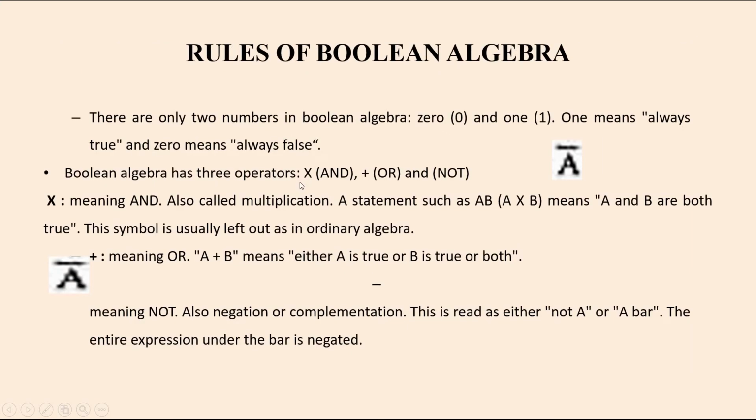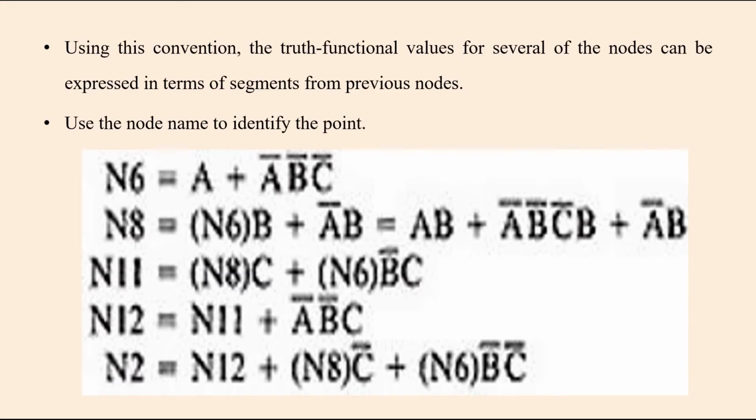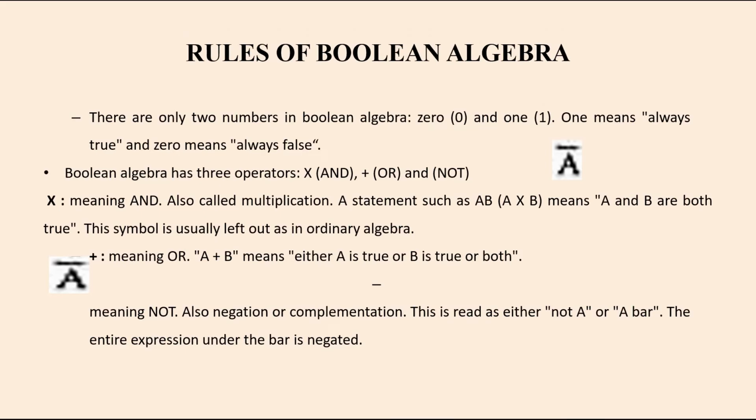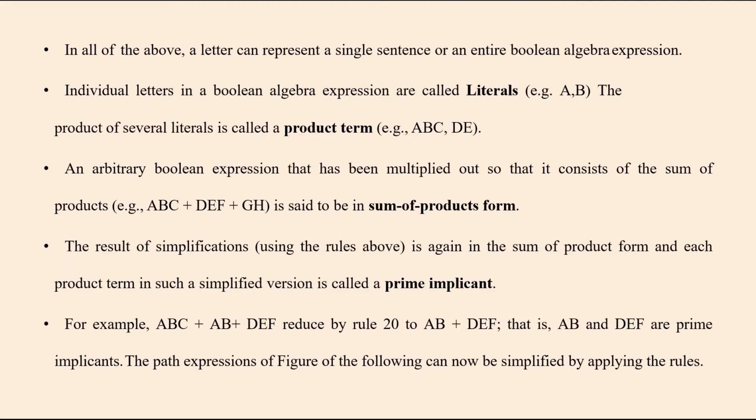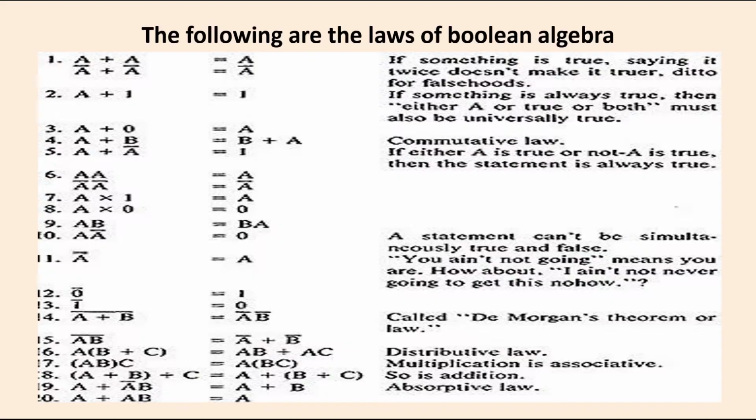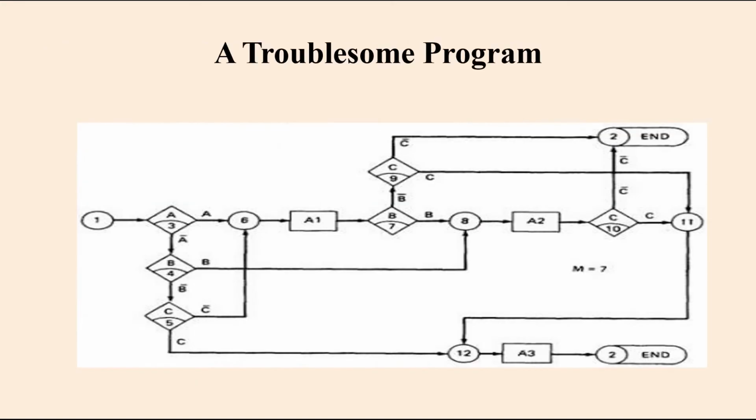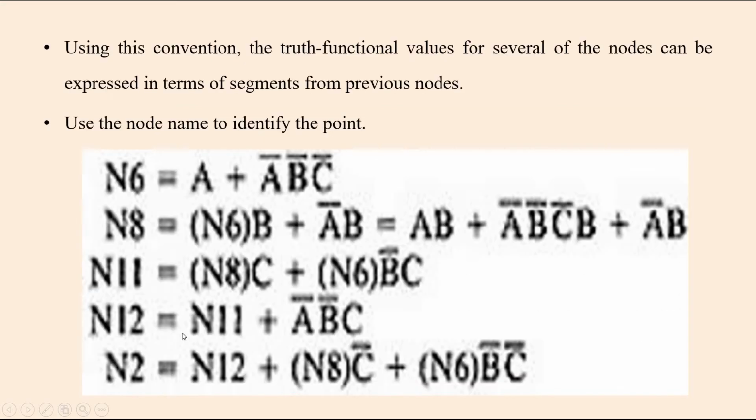Let us see how it can be represented in this particular diagram. See here. Node 6 can be represented as A plus A bar B bar plus A bar B bar C bar. So that is node 6.